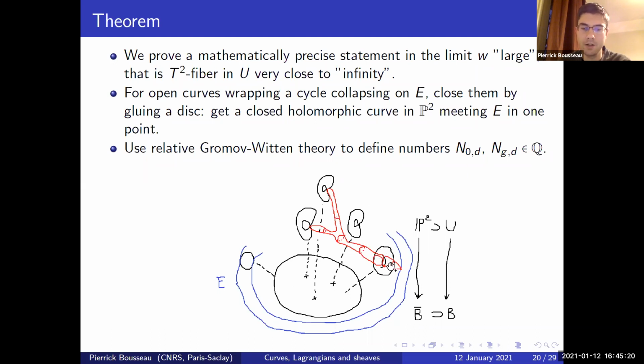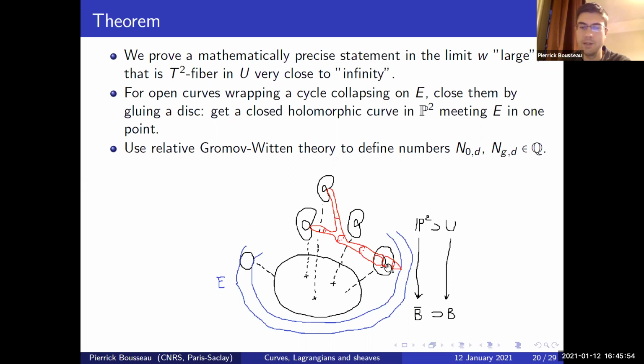And it's quite difficult to make precise counts of open holomorphic curves. But in the limit where the torus fiber is really close to the elliptic curve, at least intuitively, you can imagine closing up the open curve into a closed curve by gluing a small holomorphic disk touching the elliptic curve E in a single point, as in the picture.